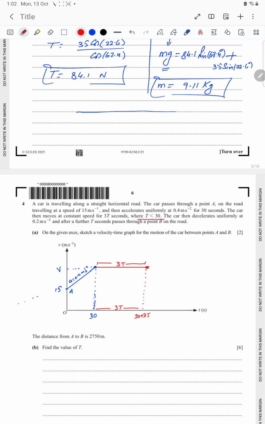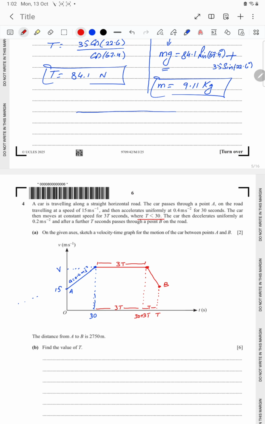The car then decelerates uniformly at 0.2, which means half of the acceleration. So it comes here. And after t further seconds it passes through point B on the road. Say B is here and the time is here, for t seconds.